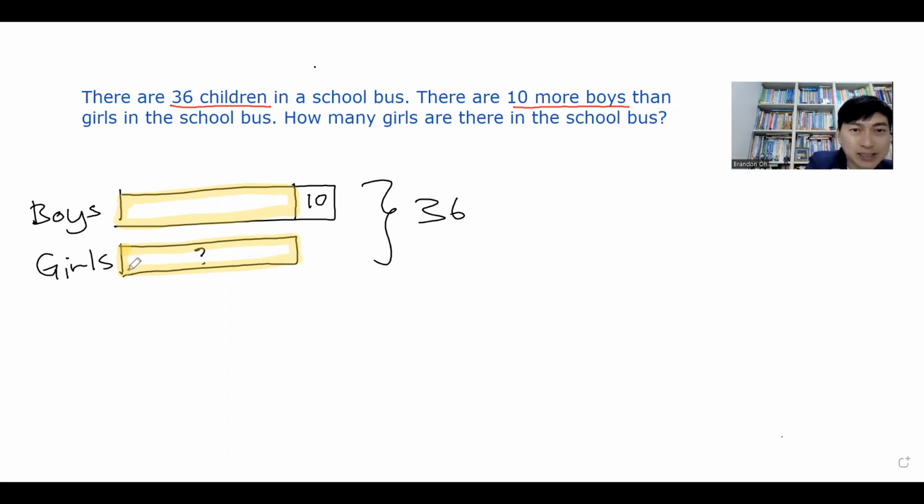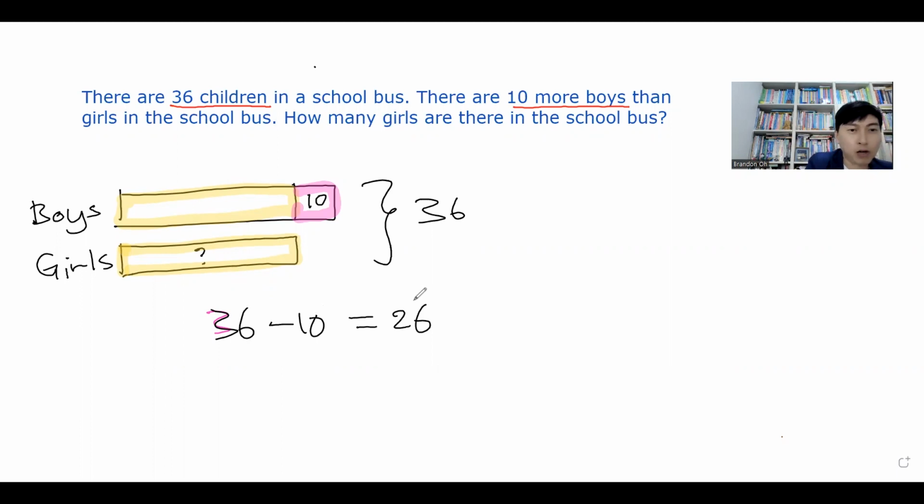Now, what about the 10? The 10 here would be the extra. So the first step to do is to take out 10 from 36. So 36 minus 10, I will get 26. Now this 26 represents the two bars that are highlighted in yellow.